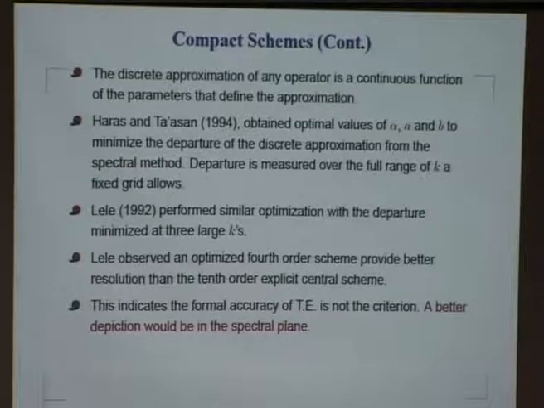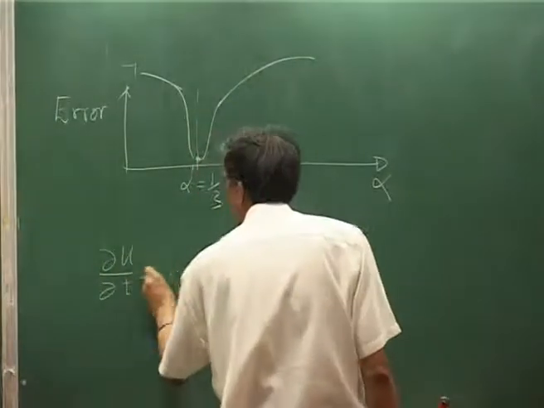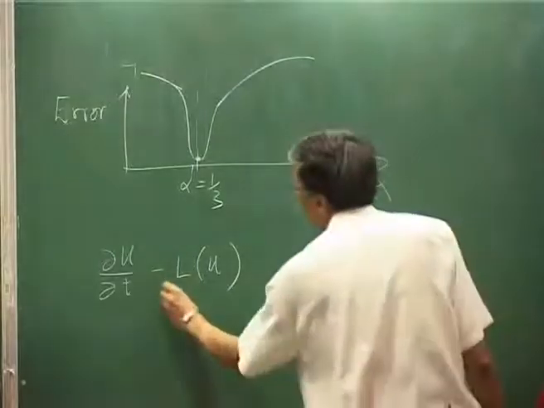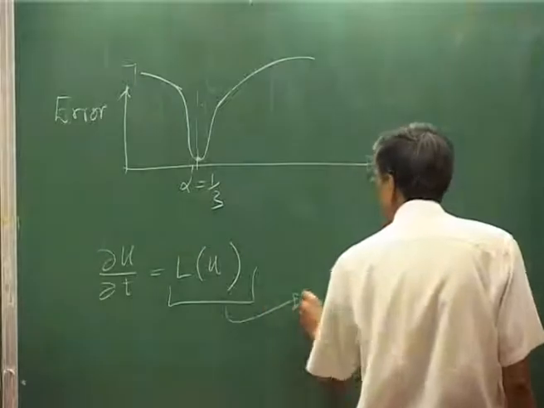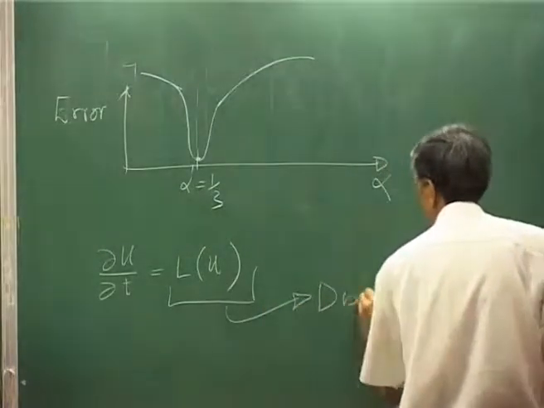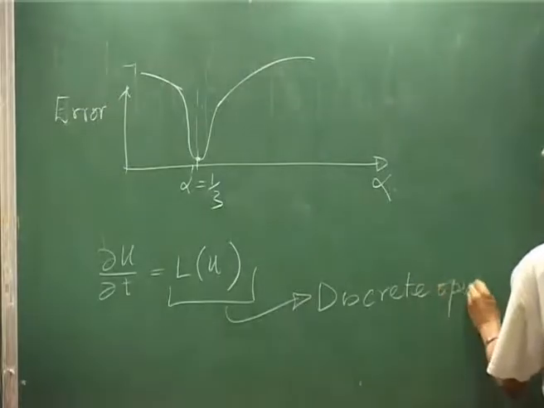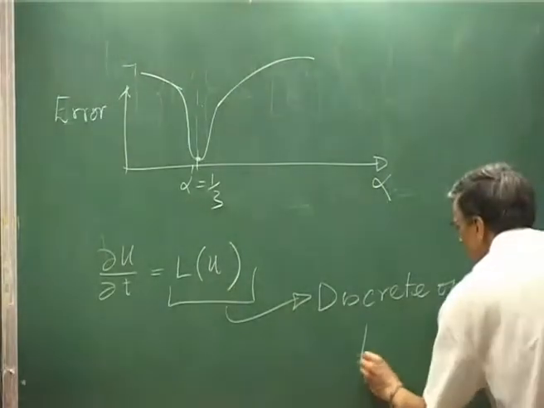What we are basically talking about is, let us say I have this equation given by this. All the spatial derivative is embedded in this. So here is a discrete operation with a grid of size h, which I will call L_h.